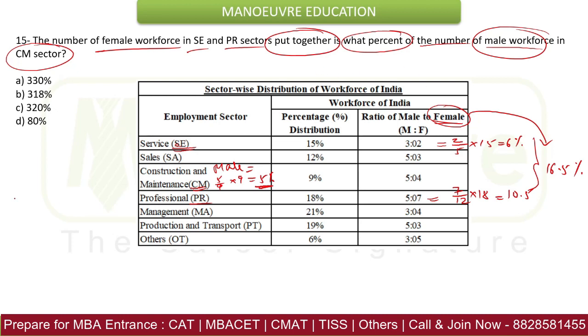Here the percentage is asked, so that means you have to find 16.5% with respect to 5% into 100, so that is 165 into 2, so that will be 330%. So option A will be the answer here.